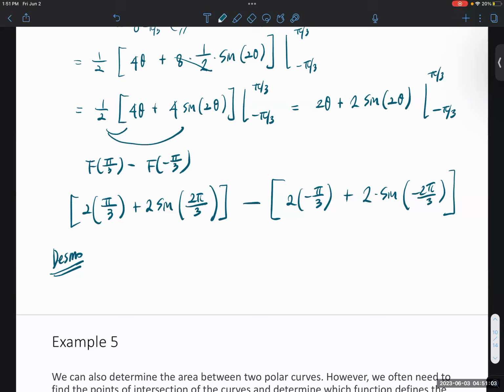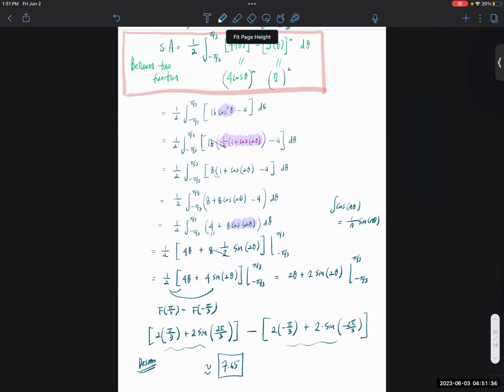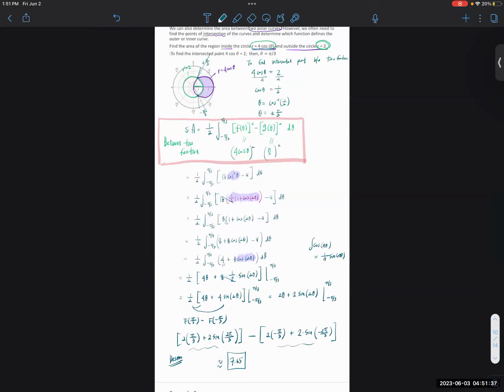I actually already calculated it for you. It is going to be approximately 7.65. Check it out, okay? We can't do this mentally, right? You can use a calculator to evaluate the sine of 2 pi over 3 and the sine of negative 2 pi over 3, and then subtract. Using decimals, it's okay. It's going to be about 7.65. So that's the area, the purple area we just got.